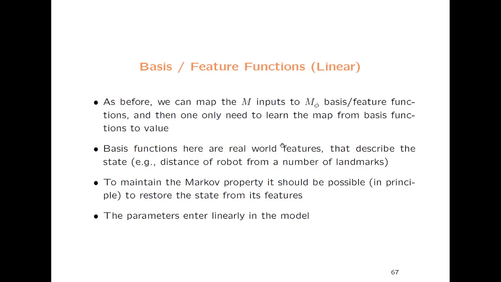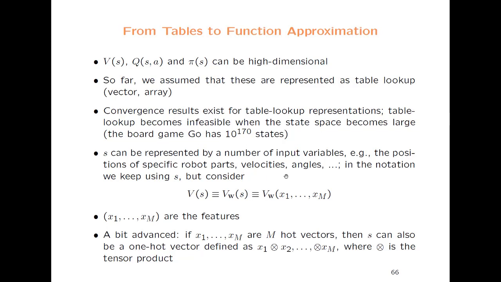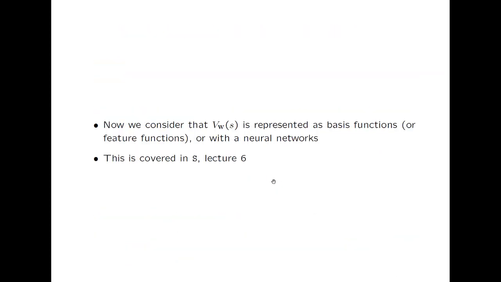But of course we know with basis functions the parameters enter linearly in the model, and this is sometimes quite nice. But we can also use a neural network instead of basis functions to have the map from the features, from the x's, for example, to the value function.